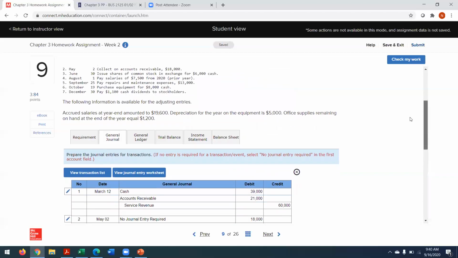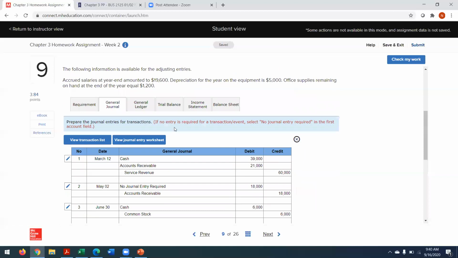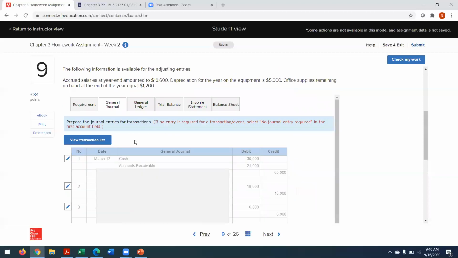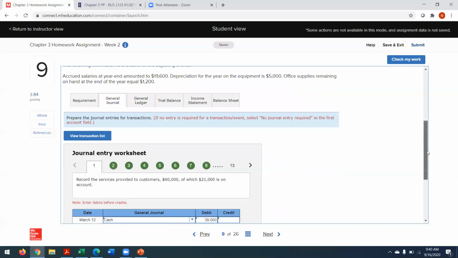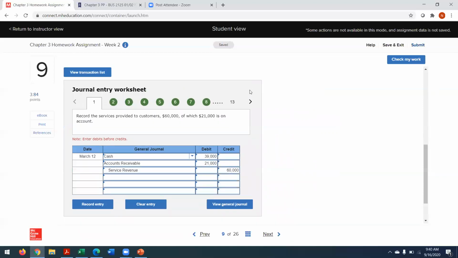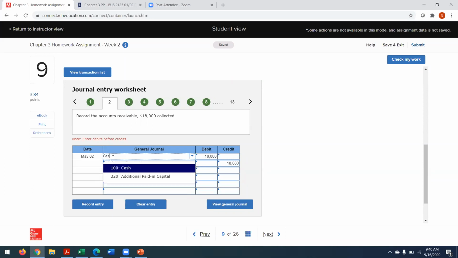If you just click on view my journal entry worksheet. That's it. I'm sorry, guys. Okay. No, this is cash.